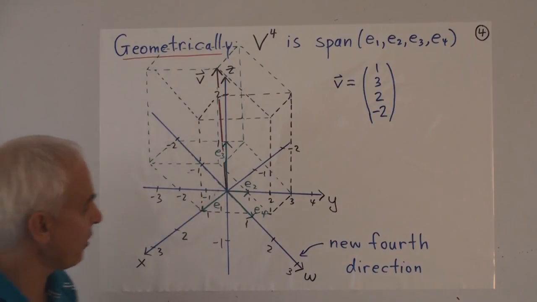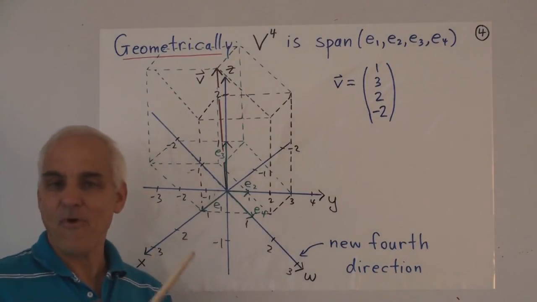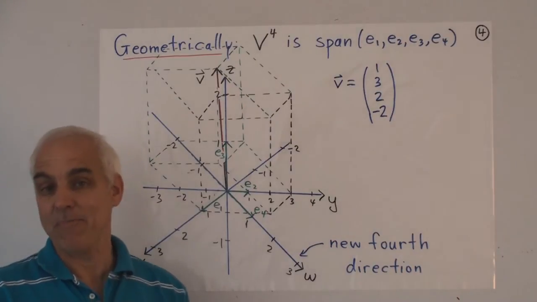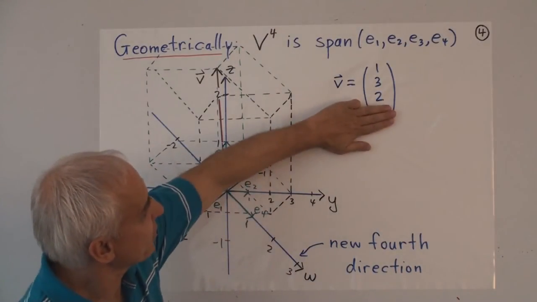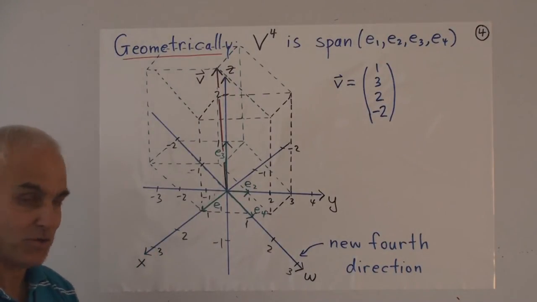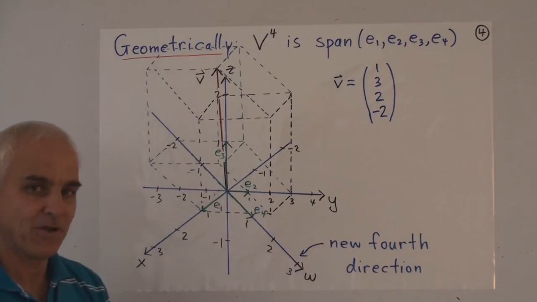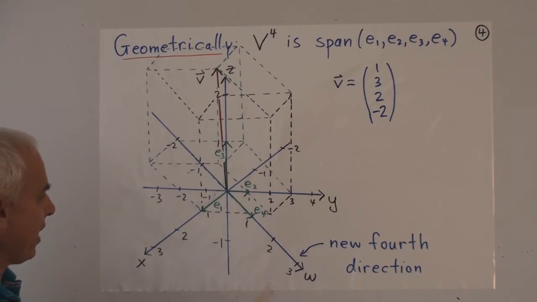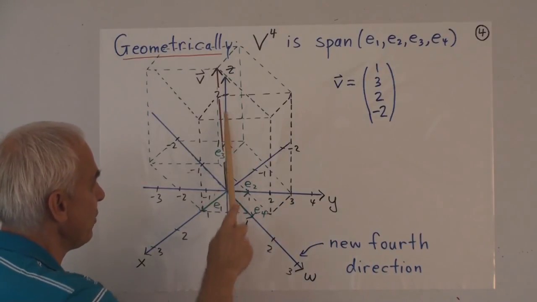So how would we put all of that together? Well, we form the 4-dimensional analog of a parallelepiped. So let's start by just considering the 3-dimensional vector 1, 3, 2. And I remind you what we would do to visualize that. Let's ignore the w direction for a moment and just think about 1 in this direction, 3 in this direction, and 2 in this direction.